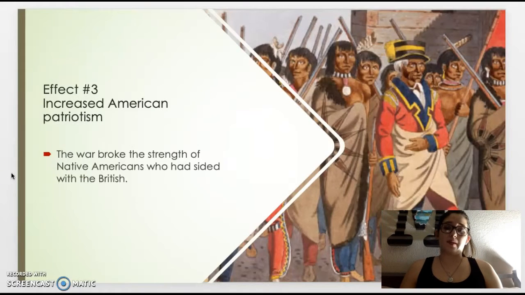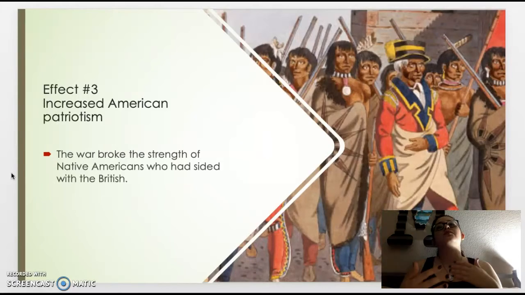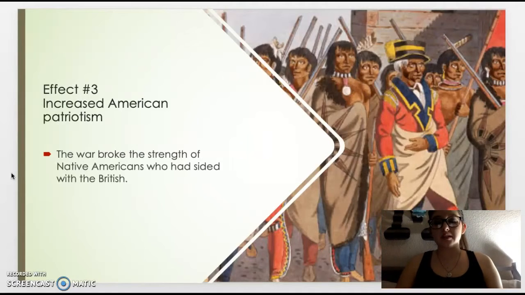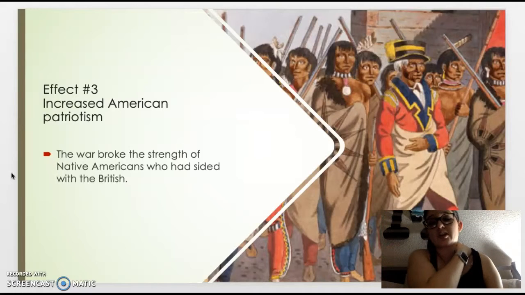So many of the Native Americans were killed or wounded or got sick, and it was very detrimental to any sort of trust between settlers and Native Americans. So we want to make sure to put broke in that first blank, and the second blank is strength, because those are two of the more important aspects of this effect.